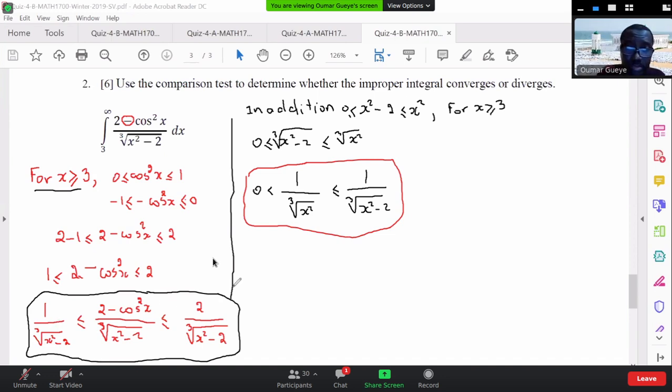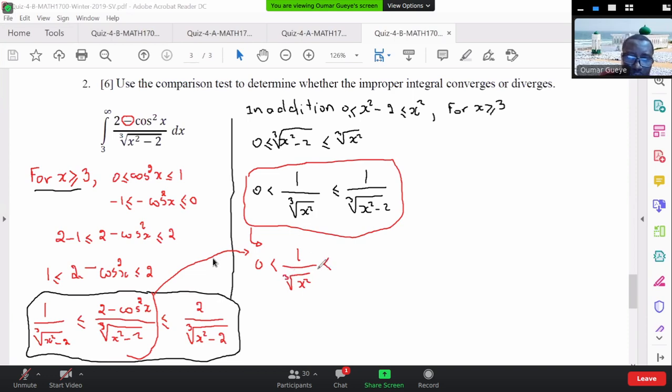So what we can do from there is, when we combine these two, okay, so from here and from this part, okay, so we have this. So we have 0 less than 1 over cubic root of x squared.